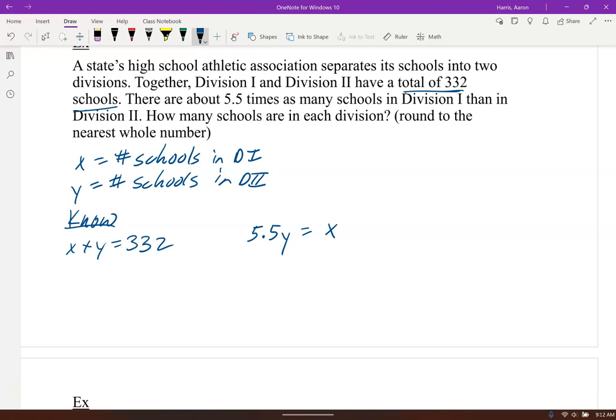So now we're going to substitute and solve. I'm going to take this first one, X plus Y equals 332, and solve for one of the variables. Let's go ahead and solve for Y. So I'm going to subtract X on both sides. So Y is 332 minus X. I'm going to plug it in there for Y, substituting into the other equation.